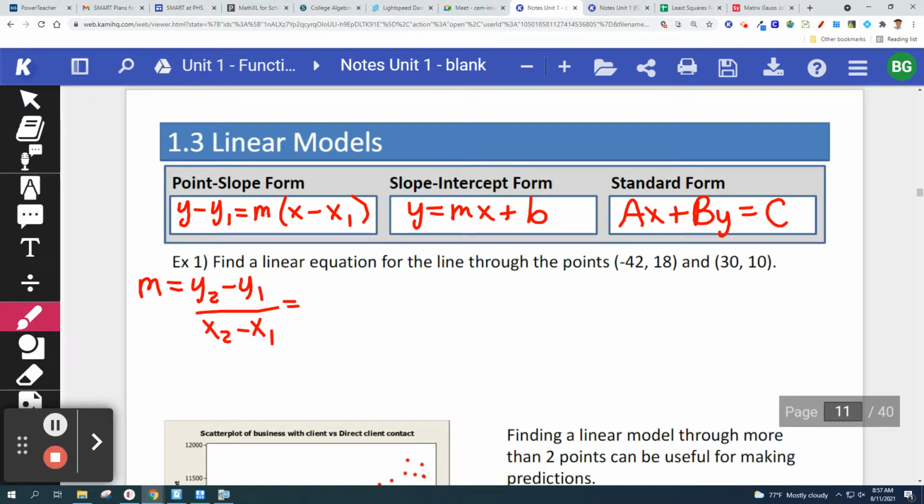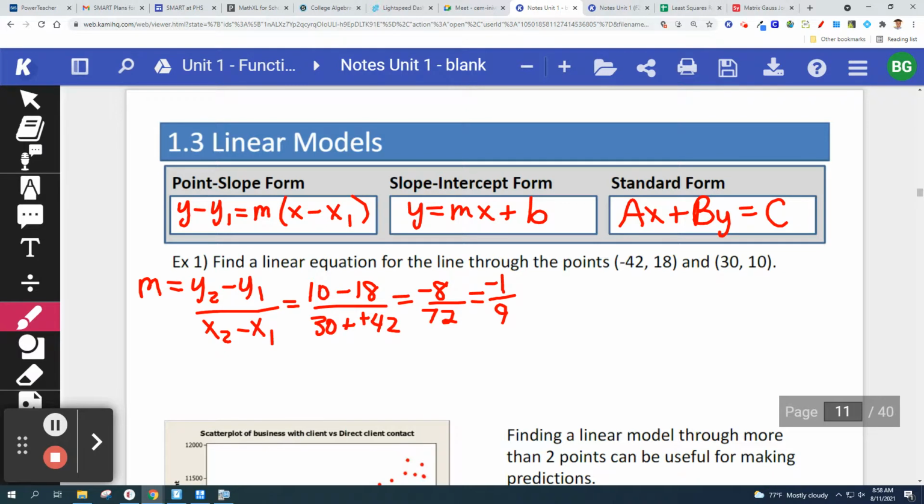So when you look at these 2 points, y2 minus y1 over x2 minus x1, 10 minus 18 is negative 8. 30 plus 42 is 72. And we've got this messy looking fraction. It reduces to negative 1/9. So that is the slope.